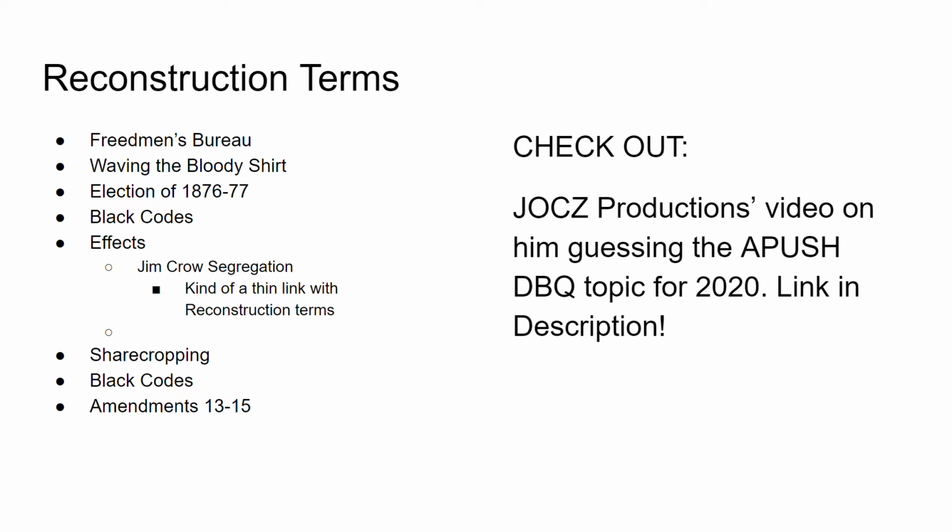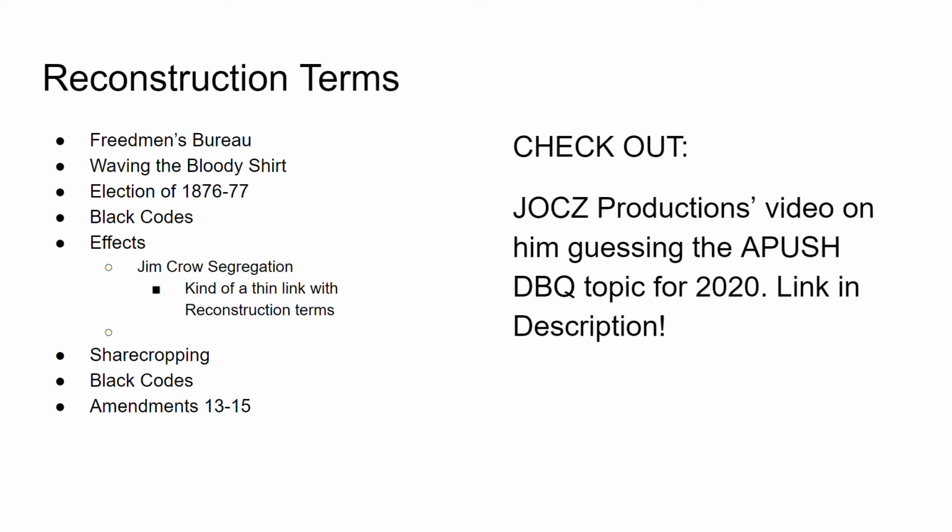Then we have the election of 76 and 77. This is also known as the second corrupt bargain in American history, the first being the election of 1824, and the other one being Gerald R. Ford pardoning Nixon after his impeachment.